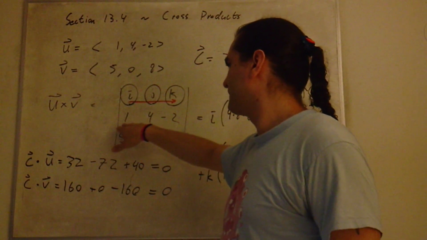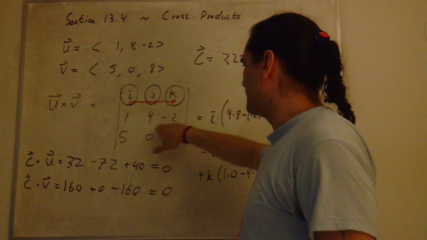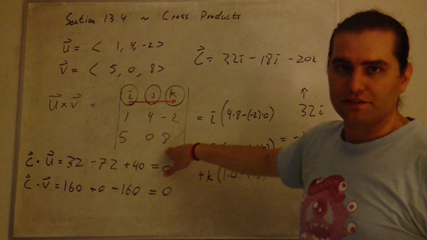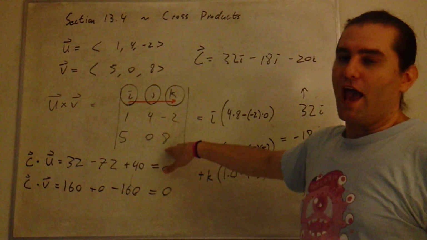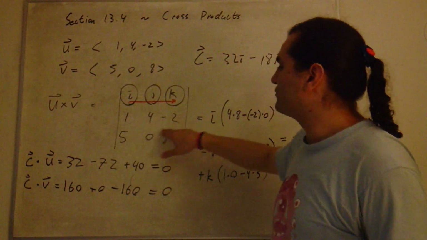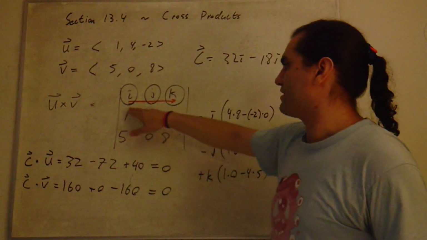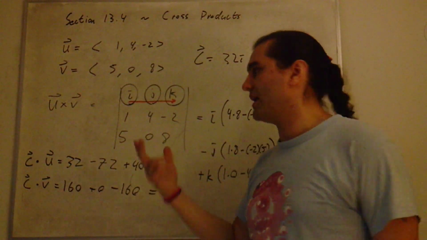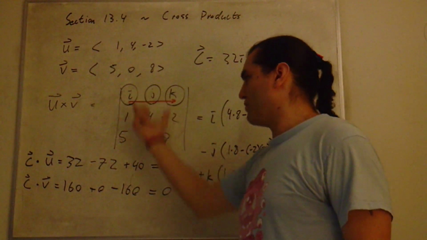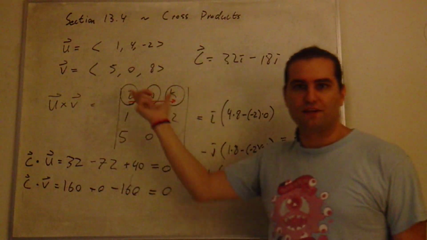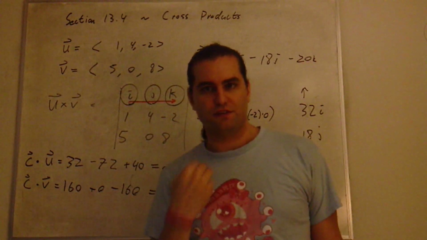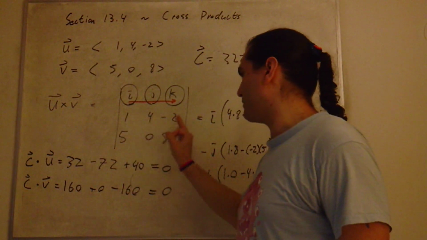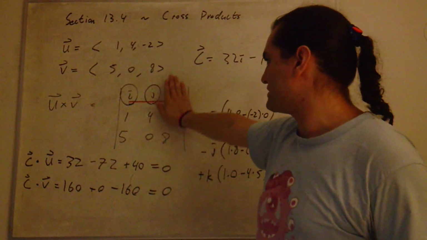Because you need to have one row as a vector, and you need to have this row as a vector. And so 2 of your rows need to be vectors, and the 3rd row needs to be i's, j's, and k's. And so the only way to get a square matrix out of this is to do this exclusively with 3-dimensional vectors. It only works when your vectors have 3 components. You can't do it with 2 components because then you don't get a square.